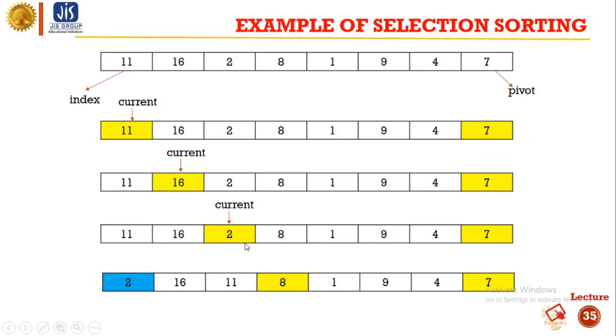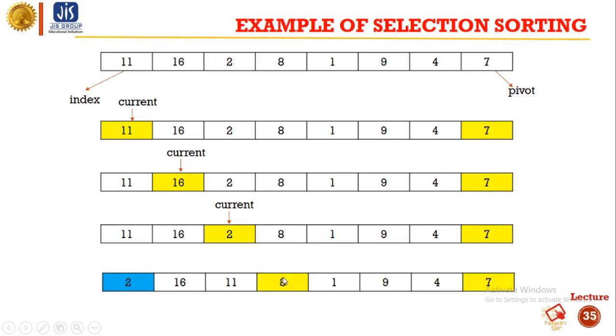As you can see, 2 was here and it is the index element. As 2 is smaller than the pivot element, 2 will go to the index position, and the element at the index position will come to the current position.